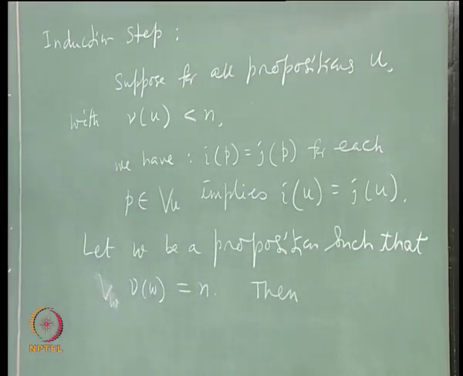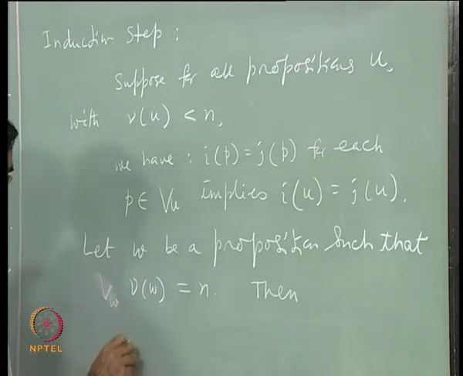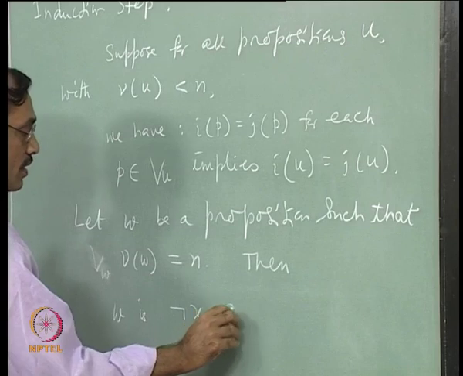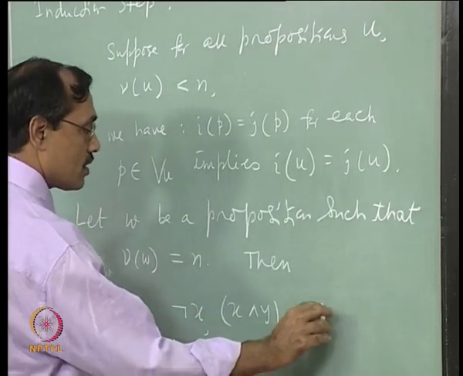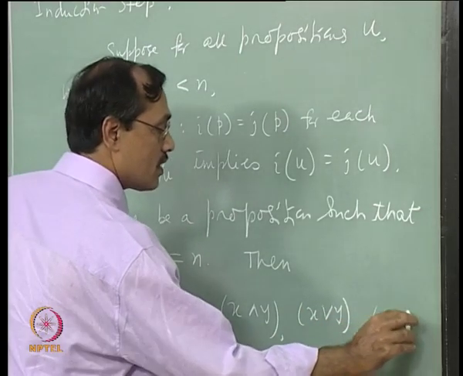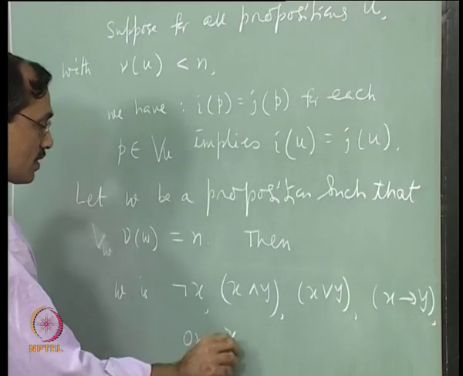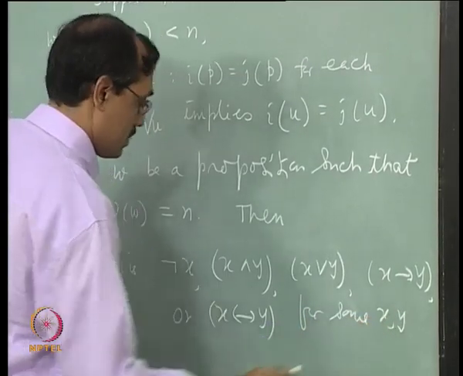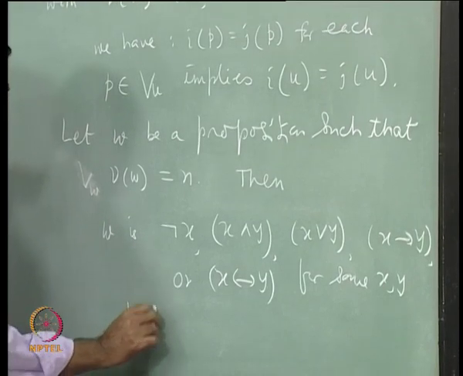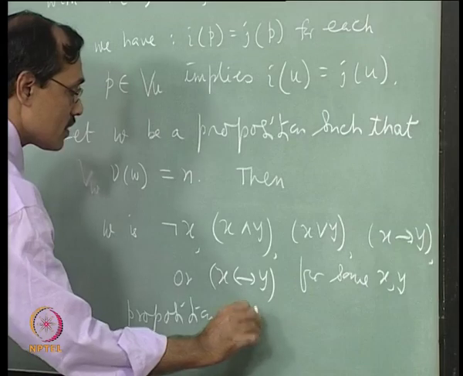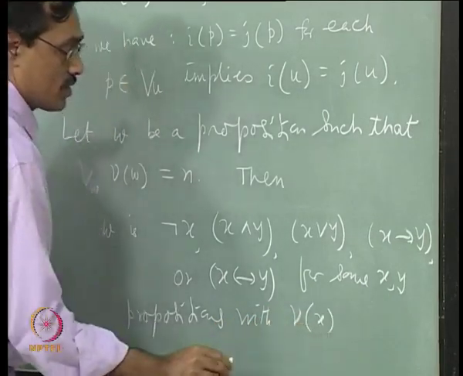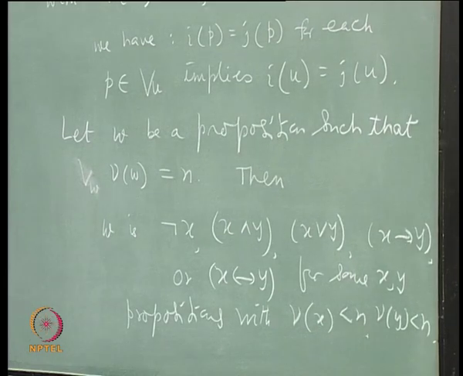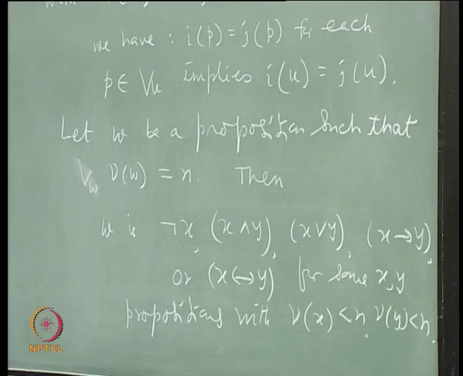By definition of the grammar of all propositions, W must be not x, or x and y, or x or y, or x implies y, or x by conditional y, for some propositions x, y with nu of x less than n, nu of y less than n. Okay. Now, you can complete it.